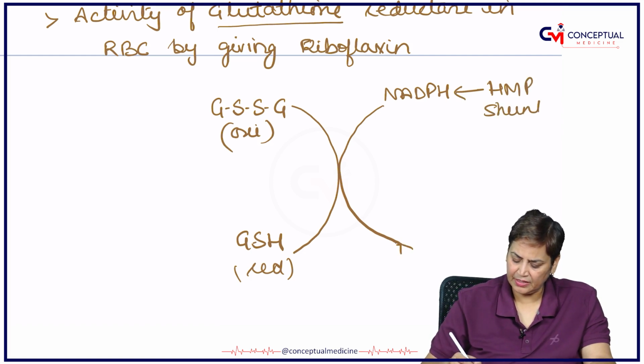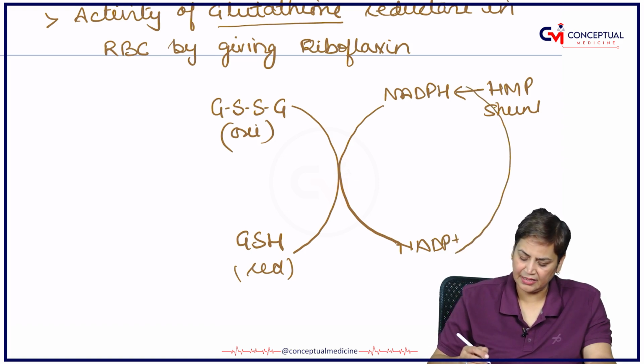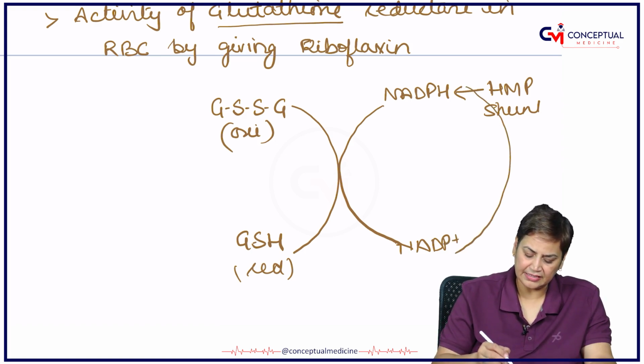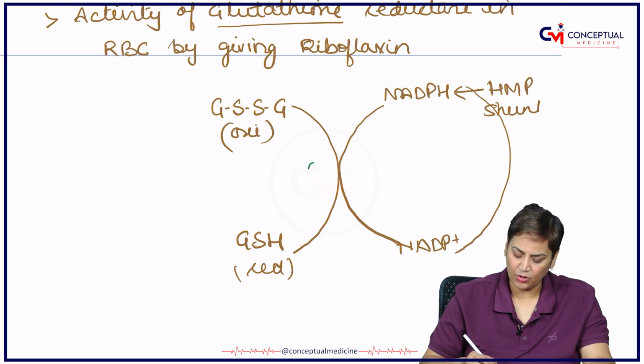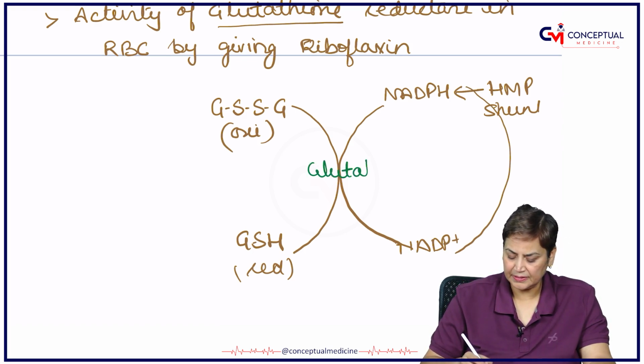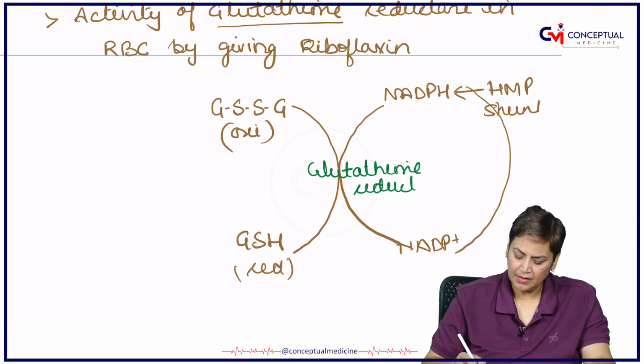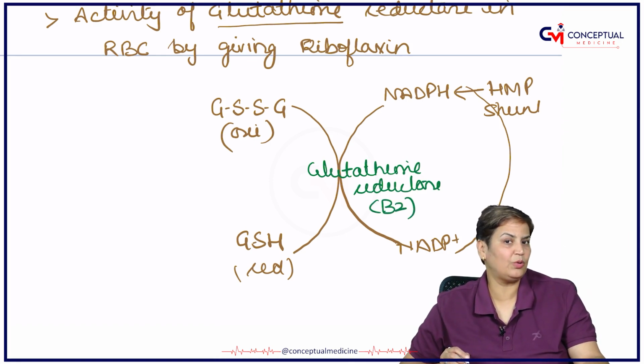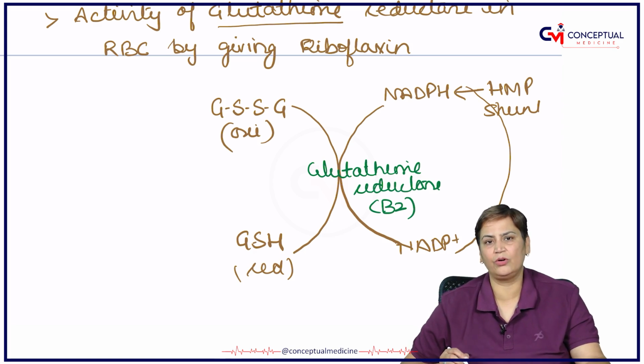It will be converted into NADP positive, and the enzyme here is glutathione reductase. This glutathione reductase requires B2 for its activity, meaning B2 is a coenzyme for glutathione reductase.